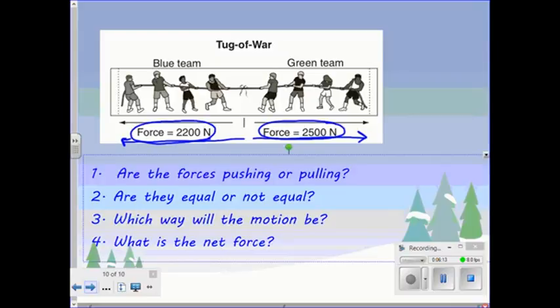And so the net force, again, because they are working in opposite directions, you are going to find the difference between these two. So the green team is going to win to the right, and 2,500 minus 2,200 gives you 300 newtons, and it will be in the direction to the right.